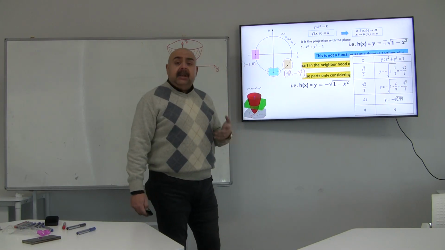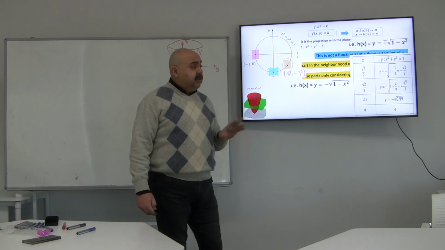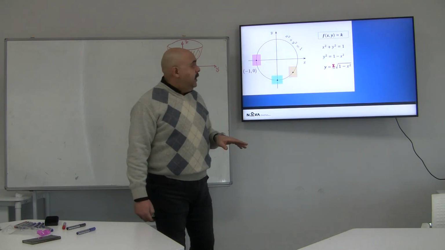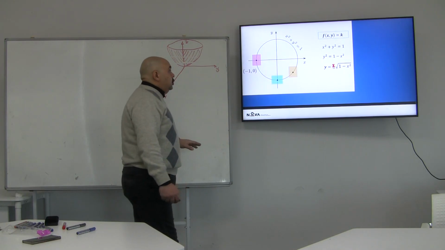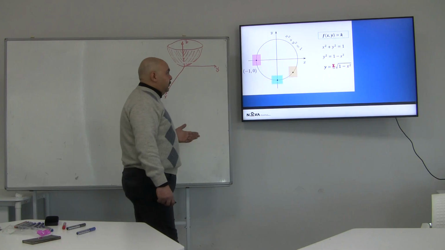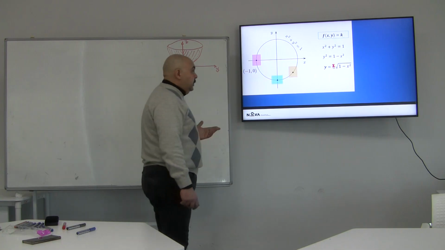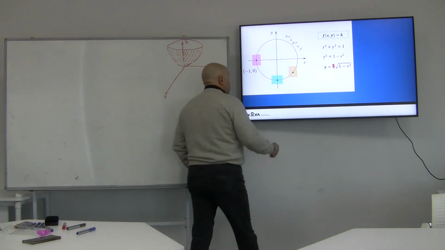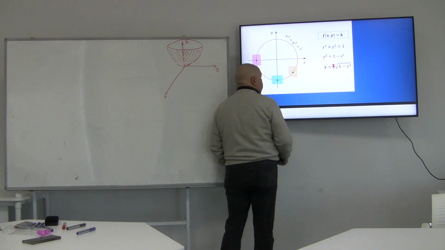Which means that sometimes, for certain functions under certain conditions, we can get a function which is a part of this, but in the neighborhood of other points we can't, because simply you will have more than one point. This is what is expressed in this shape.